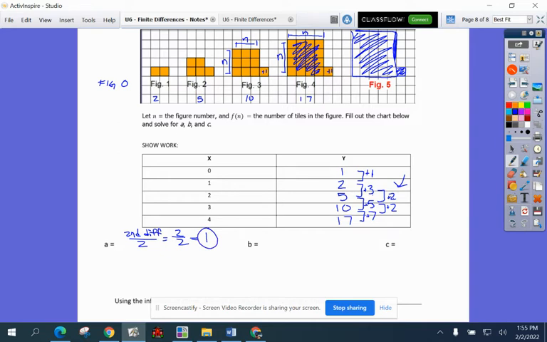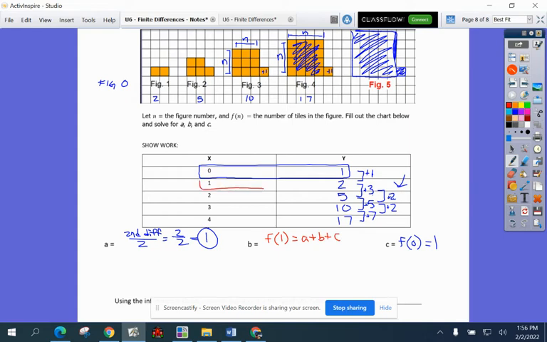Moving on to C, remember C is our f of 0. And in this case, where x is 0, our y is 1. So C is 1. The last part is finding that B, and remember that's f of 1 equals A plus B plus C. And we fill this in.